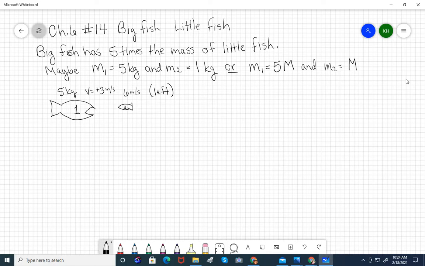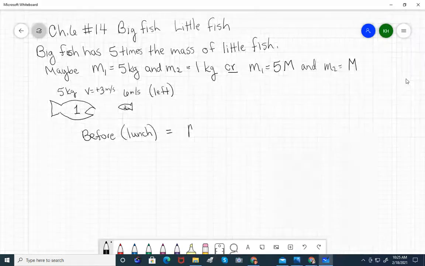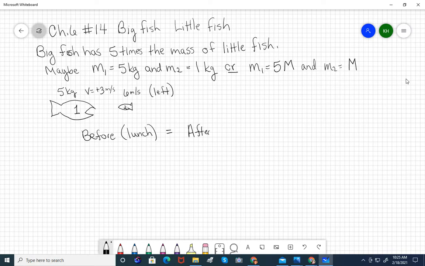Conservation of momentum essentially says that our beginning momentum has to equal our final momentum. So I often say it's the momentum before. You say before what? I'll say before lunch. And it has to equal the momentum after lunch. So before the big fish eats the little fish, we have this situation.